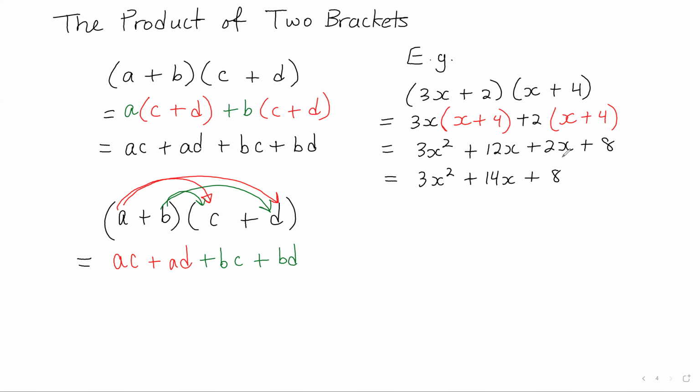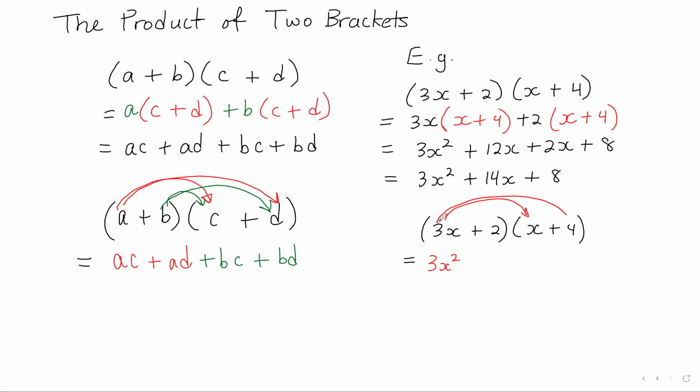Now, using the second method, which is just going from the pair of brackets straight to the third line, I'm writing over the question, 3x plus 2 by x plus 4. I'm going to just take the first term, 3x by x, which gives me 3x squared.